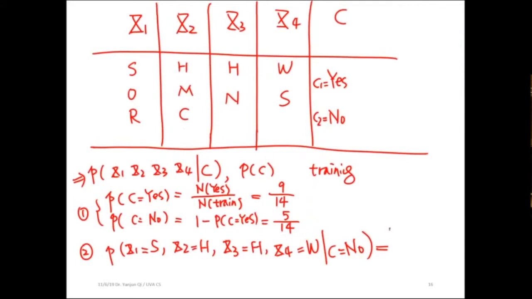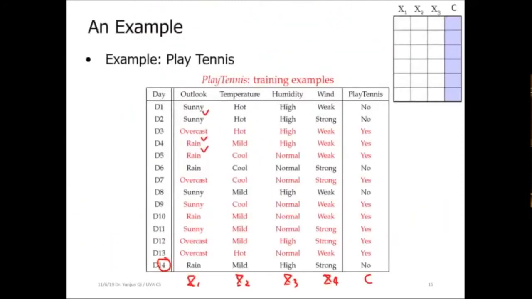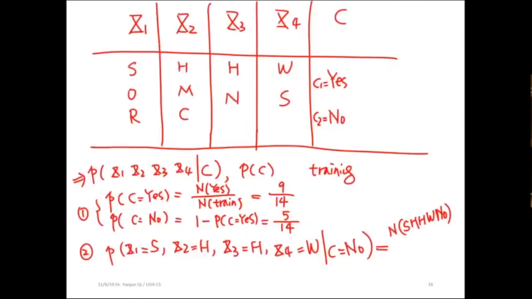It's really that observation, this combination. You observe SHHW and no how many times? Actually, in your table, one time. And then over what?